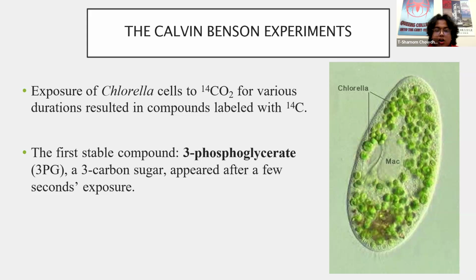The first stable compound, which is 3PG, a 3-carbon sugar, appeared after a few seconds of exposure to carbon dioxide. By increasing the length of exposure to carbon dioxide, they were able to figure out what compounds were created in the Calvin cycle. So chlorella was how they figured out 3PG and all the other compounds that are part of the Calvin cycle.